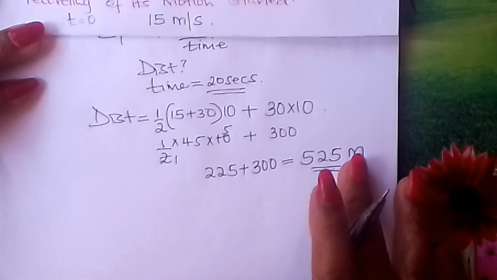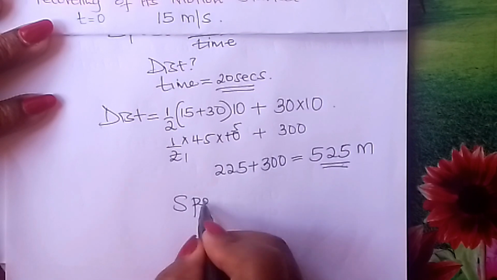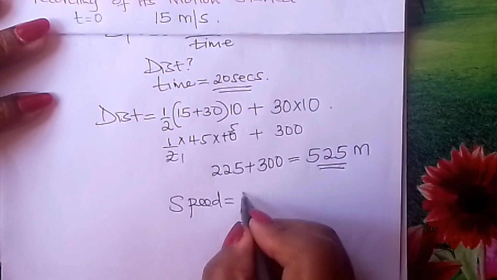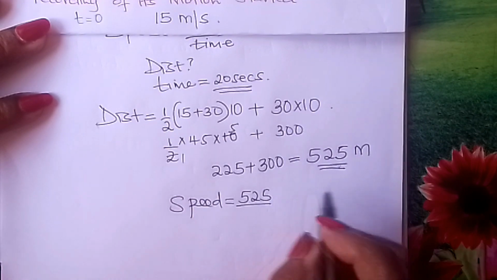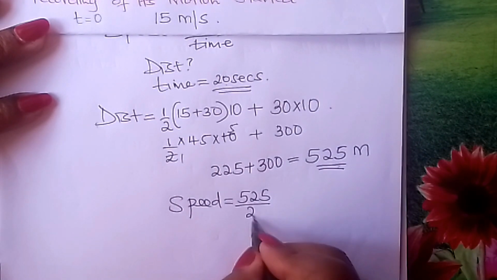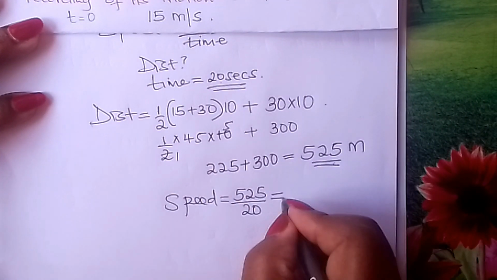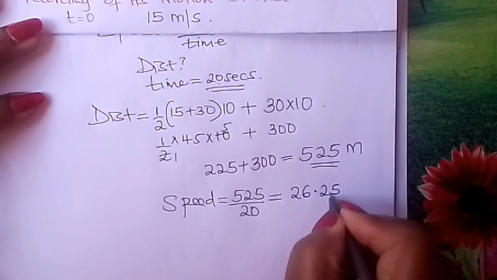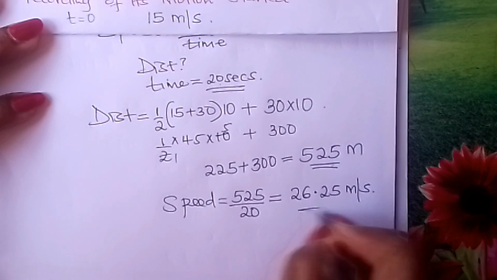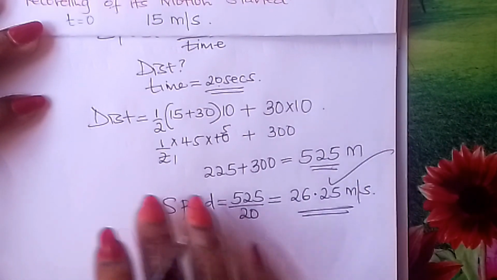So what is our average speed? Our average speed is equal to the distance covered, 525 meters, over our time, which is 20 seconds. This will finally give us 26.25 meters per second. That is our average speed.